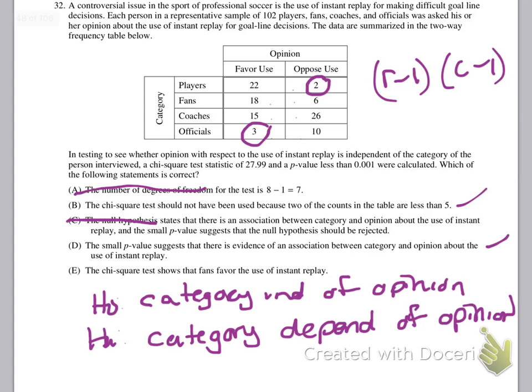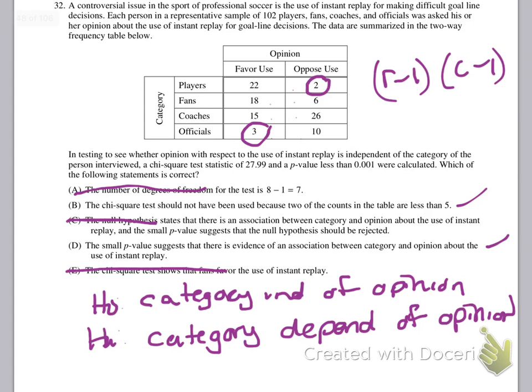But the chi-square test does not give us that information, all right? Okay, so now I'm down to B or D. Chi-square should not have been used because 2 of the counts in the table are less than 5. That is true.